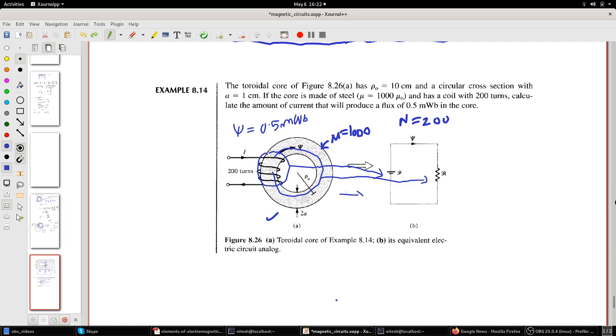Now moving forward, I know that MMF is equal to Ni, the number of turns into the current.